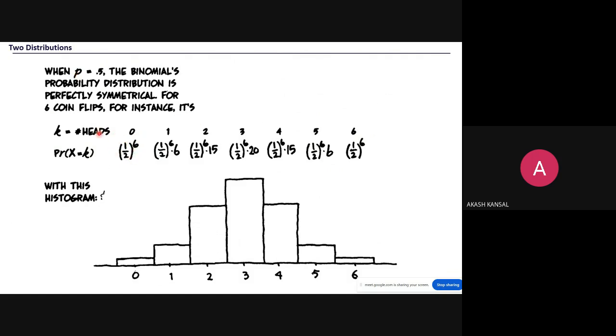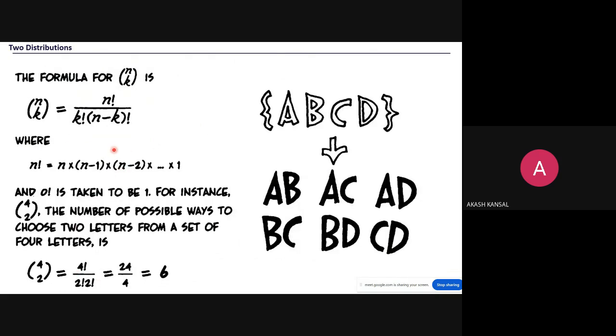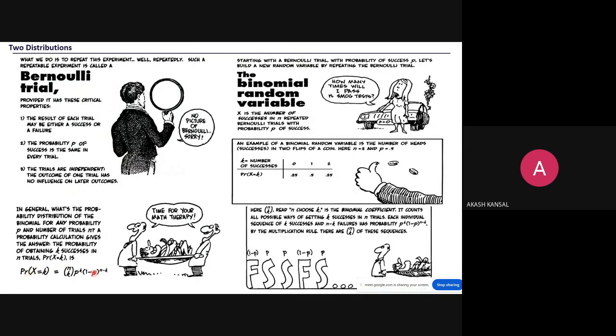P is 0.5, or we can call it 1 by 2 also, right? Into 1 minus P to the power n minus K, right? 1 minus P is 1 by 2. So, again, the same thing. So, this will be your probability of 0, right? This is the formula that we are talking about, okay?